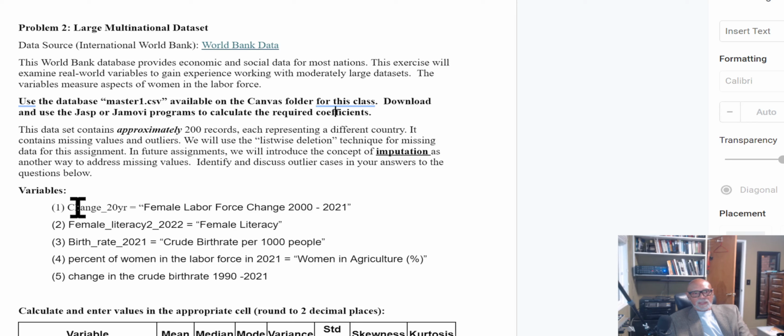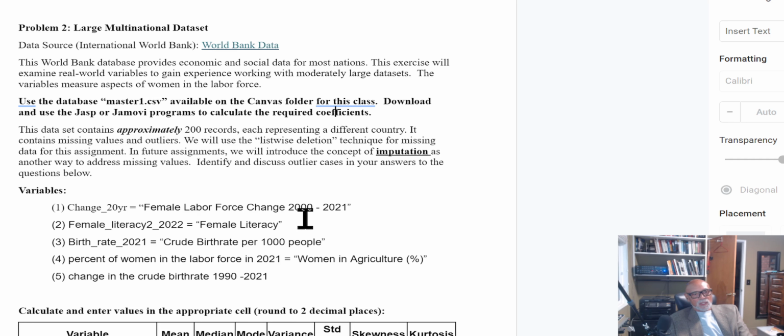Then we found this anomaly where Indonesia happens to be the country with the highest percentage of Muslims, but had one of the highest percentages of women who were working. So it was not necessarily religion alone. It happened to be a combination of Arab culture and Islam. So anyway, we're going to look at a large data set.